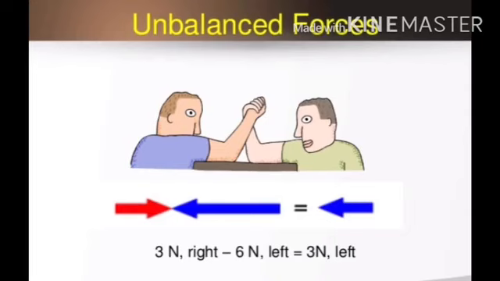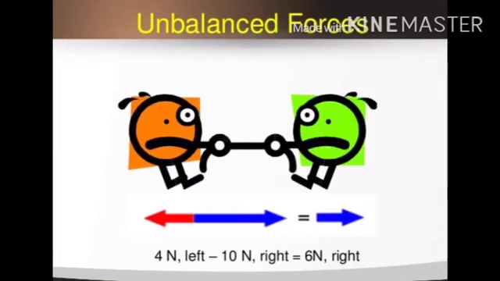See the unbalanced force. One person on the right applies 3 Newton force and another person on the left applies 6 Newton. So the resultant force is 6 Newton minus 3 Newton, which is equal to 3 Newton left. In the second example, the orange one applies 4 Newton force on the left and the green one applies 10 Newton force on the right.